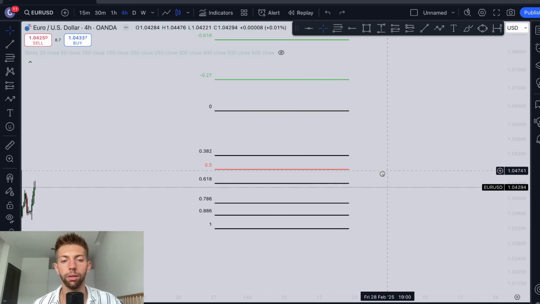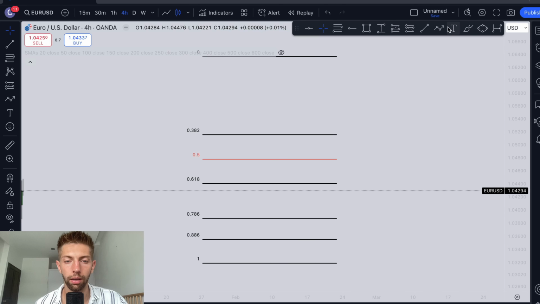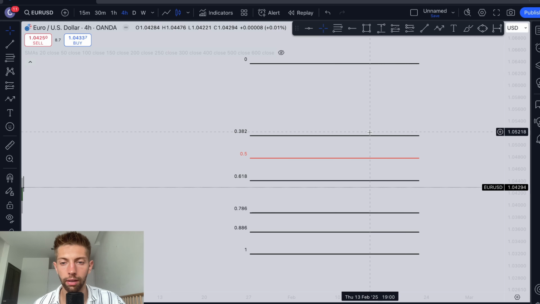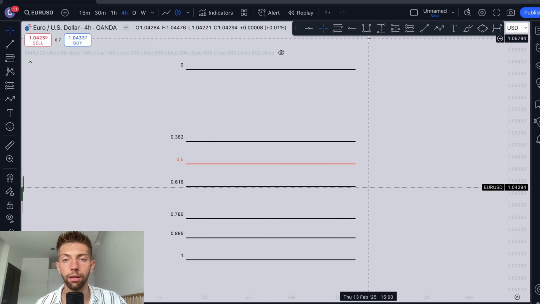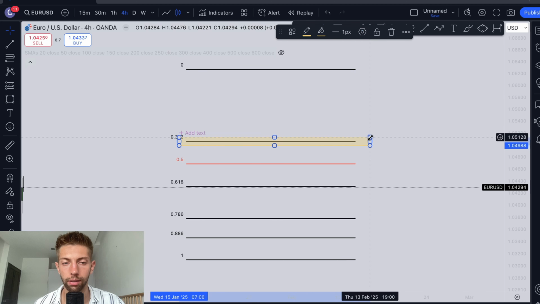So basically what this zone means is you can kind of count on them like a support and resistance level, kinda. Because if you look at the charts, you can see that most of the times price respects this 38.2%.